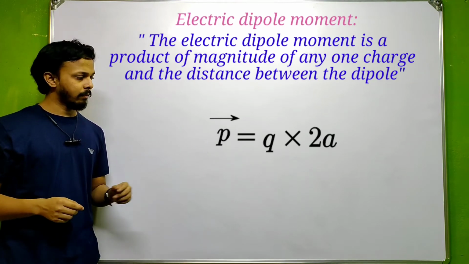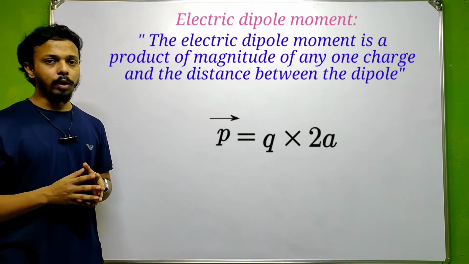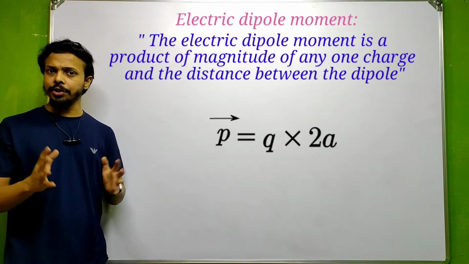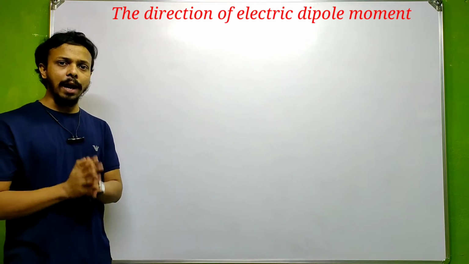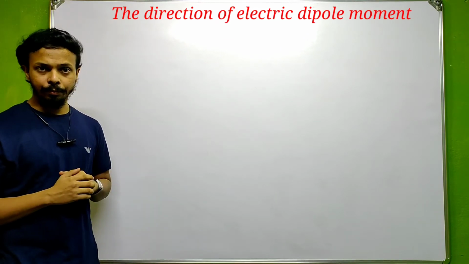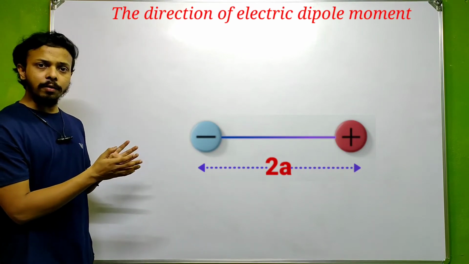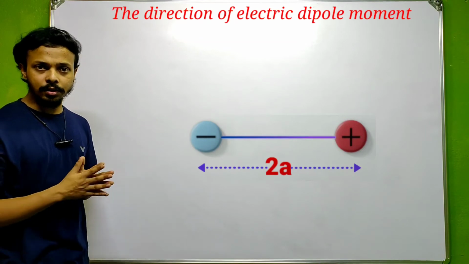As I am saying, electric dipole moment is a vector quantity, so it should have a specific direction. Now let us talk about the direction of the electric dipole moment in a dipole. If you consider a dipole like this, it consists of two charges, positive and negative, separated by a small distance.